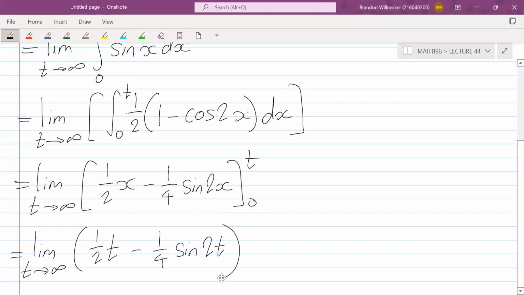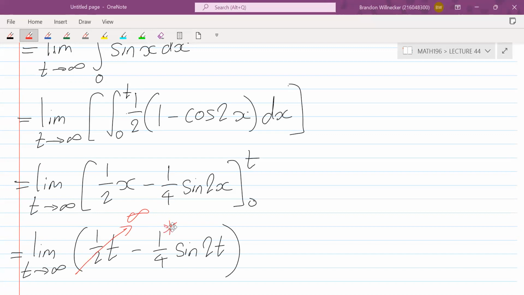Now, what happens when we take the limit as t goes to infinity? The first term, half of t, doesn't matter what we scale it by, half of infinity is still infinity. So this first term diverges. So already the limit diverges. We don't even need to look at the second term, but let's just look at it anyway. I'll put a little star here.